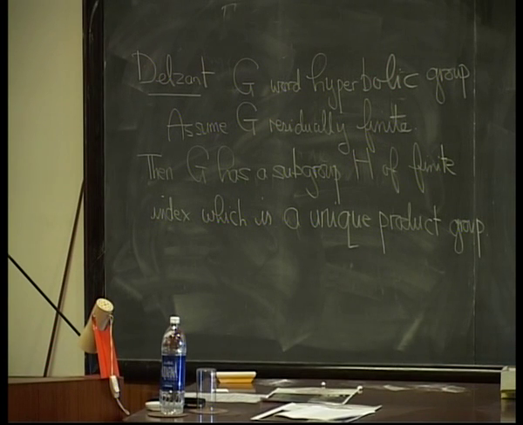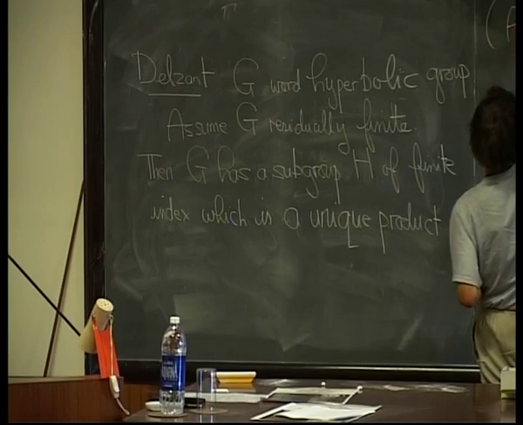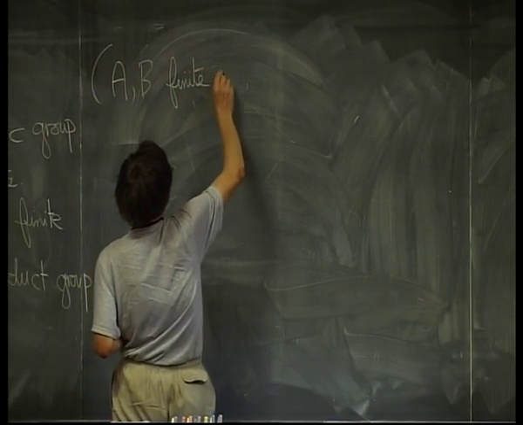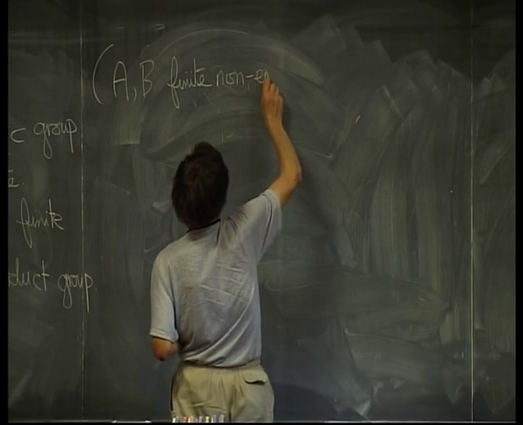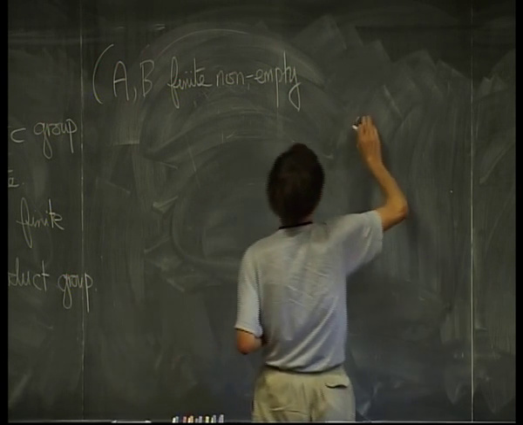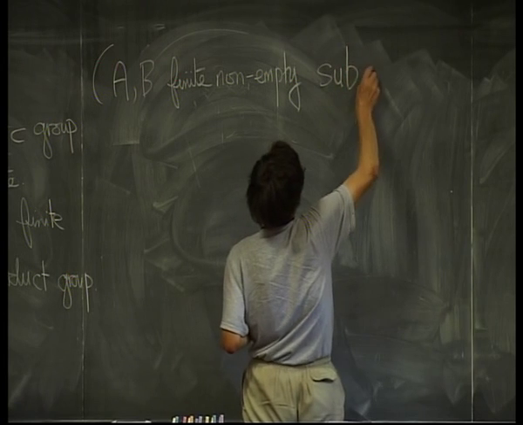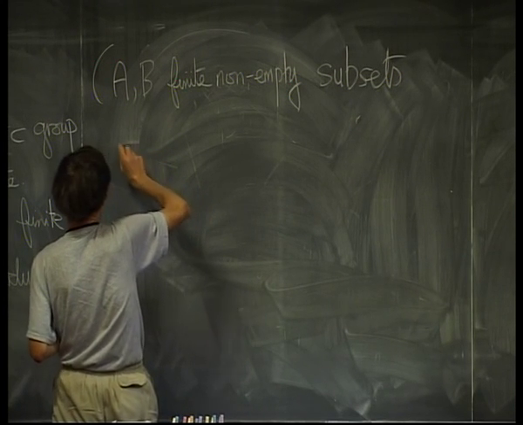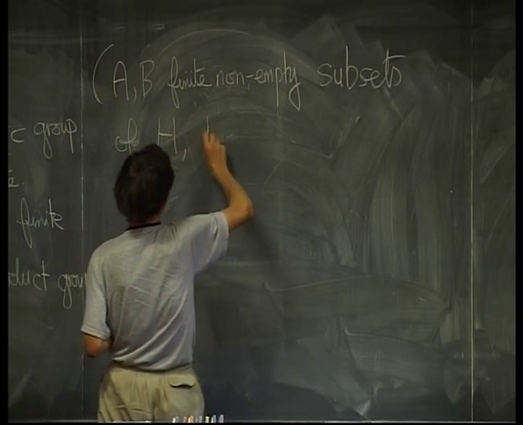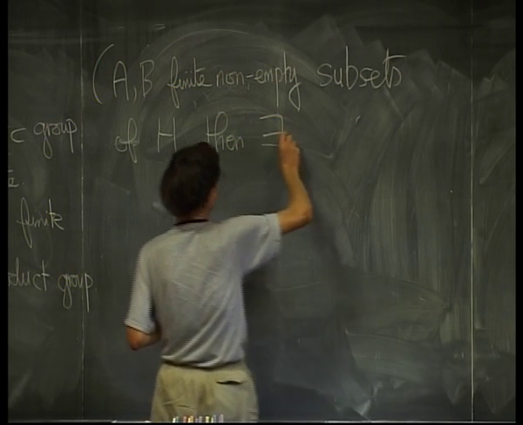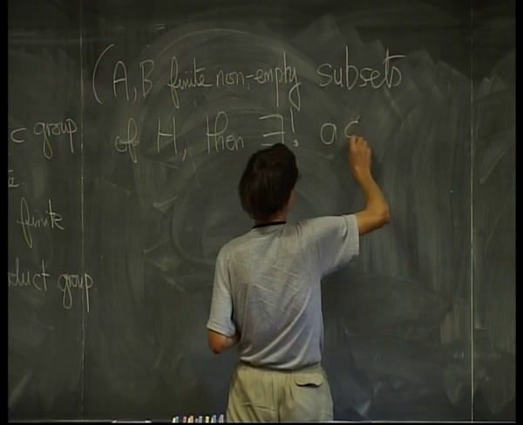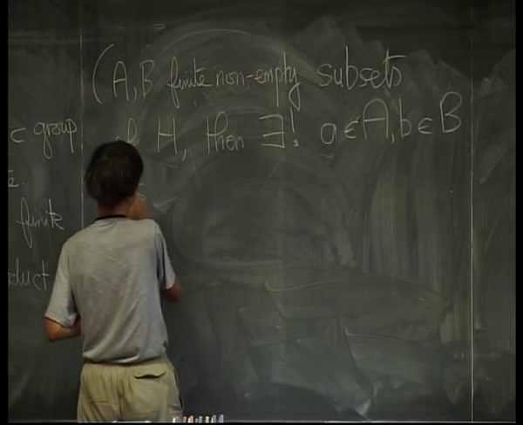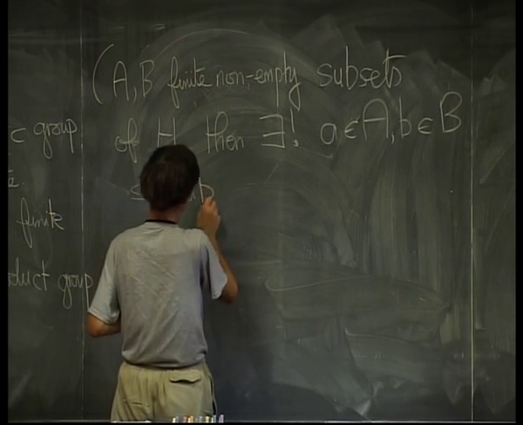So remember what a unique product group is. It means if A and B are finite, non-empty subsets of G, of, well, I think I should say of H, then there exists a unique a in A and b in B such that ab is the only way you can write that.